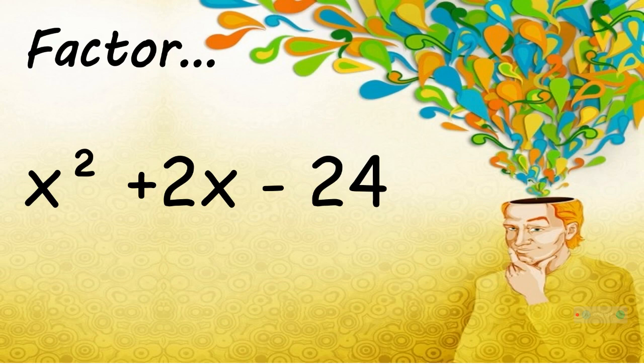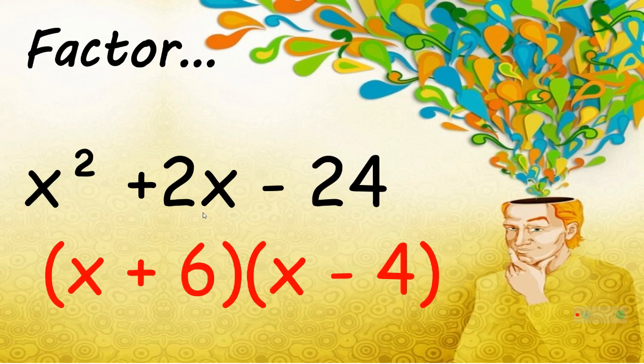So obviously, it is a quadratic trinomial. But since we have here x squared only, the value of your a here is equal to 1. So, let us have the factors of x squared plus 2x minus 24. Okay, so the factors will be x plus 6 times x minus 4.